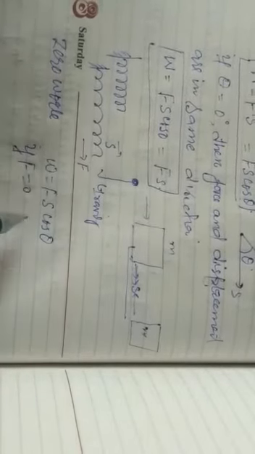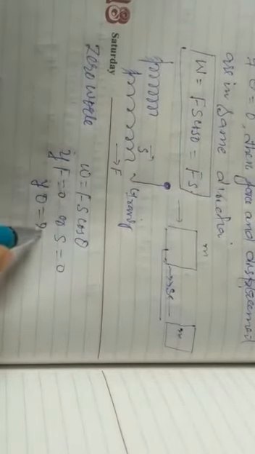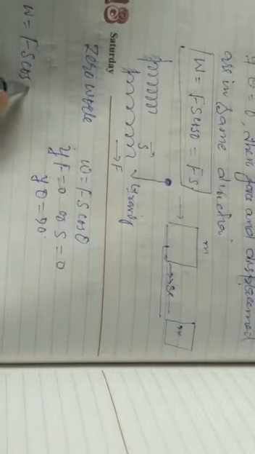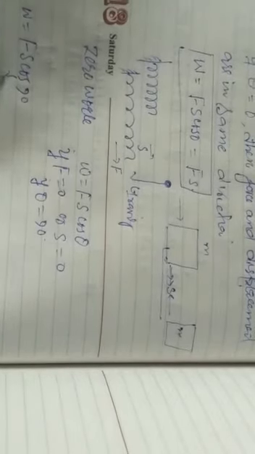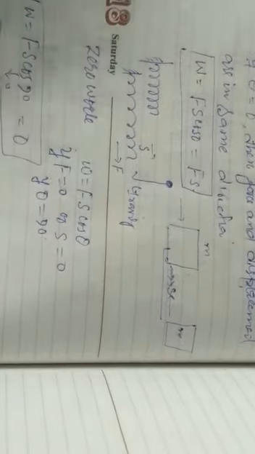This can become zero only if either F is equal to 0 or S is equal to 0, or if theta equals 90 degree. Because if theta is 90 degree, then W equals F S cos of 90 degree, and cos 90 degree is simply 0. That's called zero work.